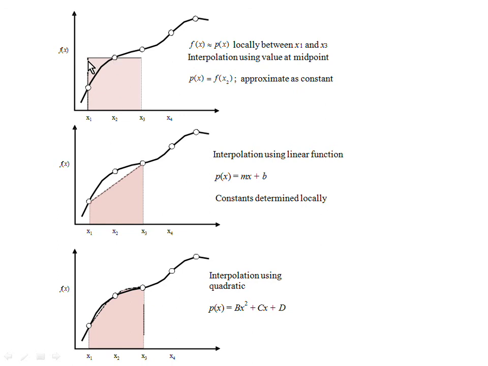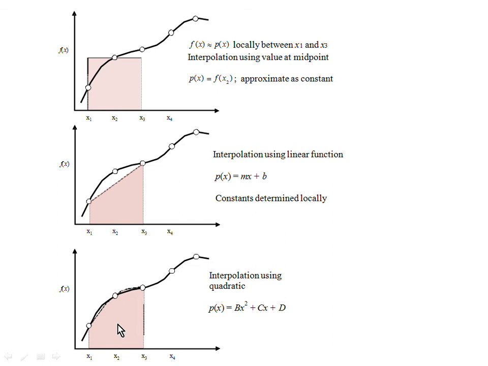So basically what we would be saying now is that the area under the curve here shown in pink would be equal to, or at least be approximating, the area under the curve, the black curve. So another way of doing this would be to approximate the black function with a linear function that goes from this point to that point, in which case the approximating function would be this one.